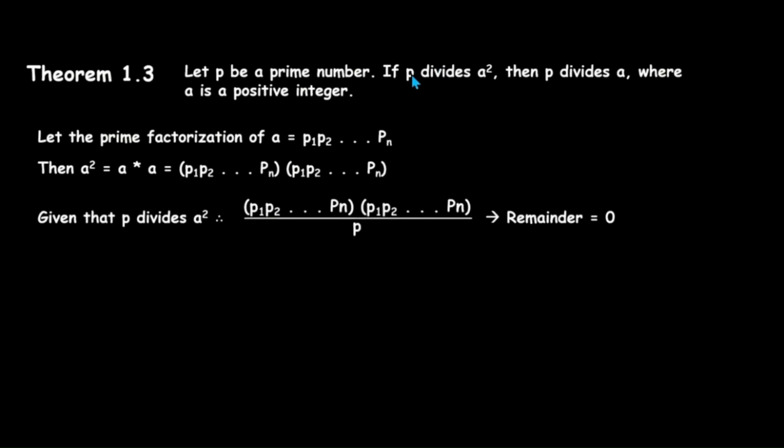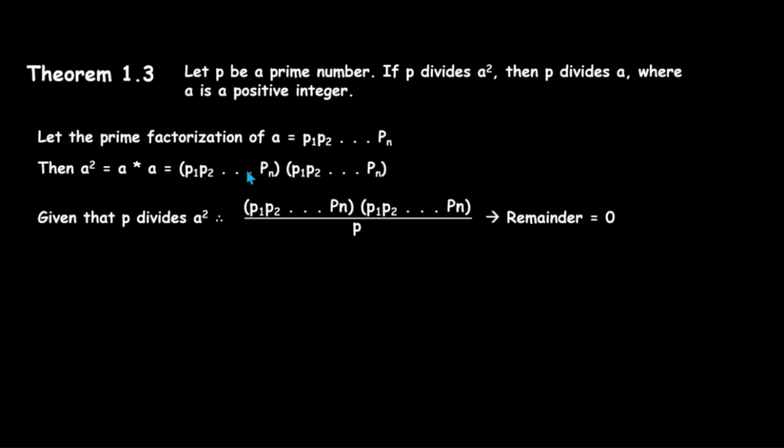And it is given in the theorem that P can divide a square. So what is a square? We just calculated the product of the prime factors of a multiplied by the same, because a into a is a square.